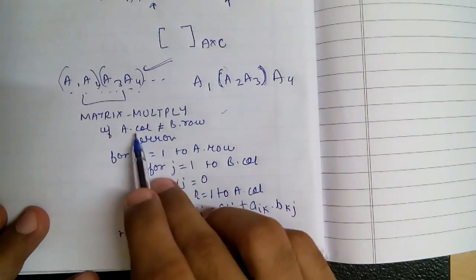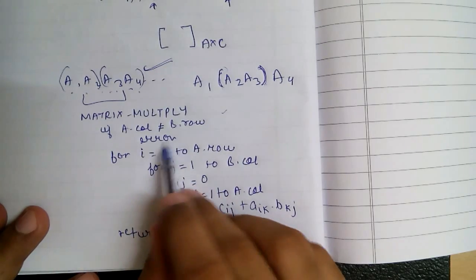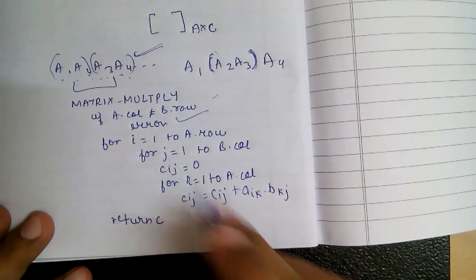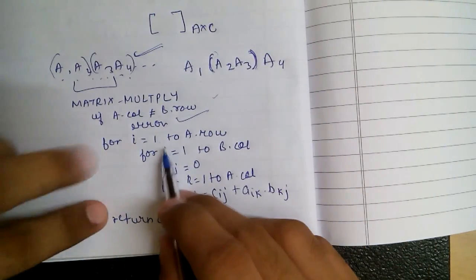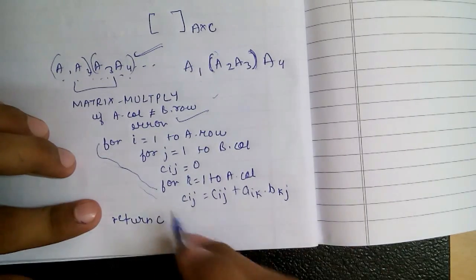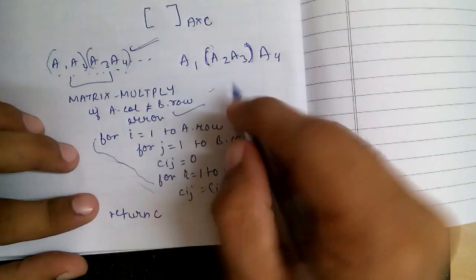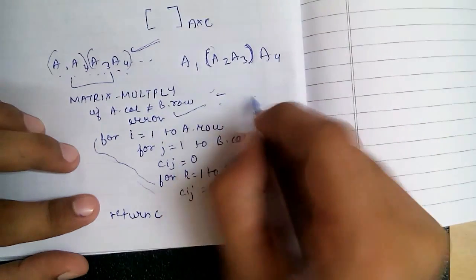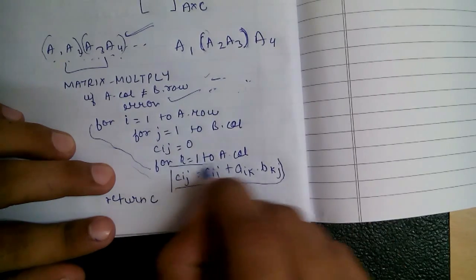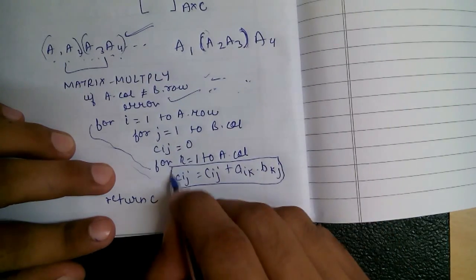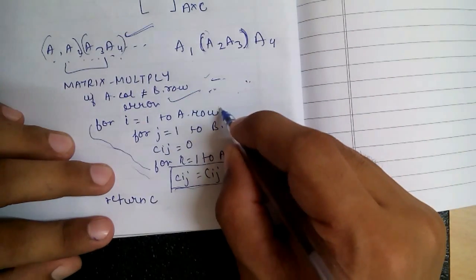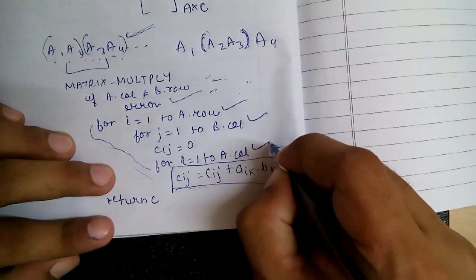As you can see, if the column doesn't match the row, then we can't multiply; they are incompatible. And these are the basic three loops that multiply each row with each column, and this is where the multiplication actually occurs. So there are three loops, first, second and third.